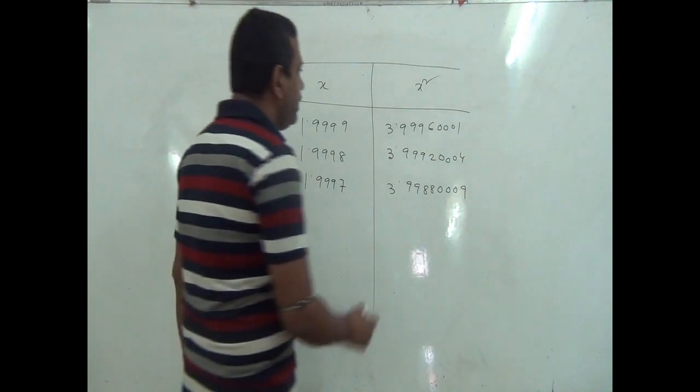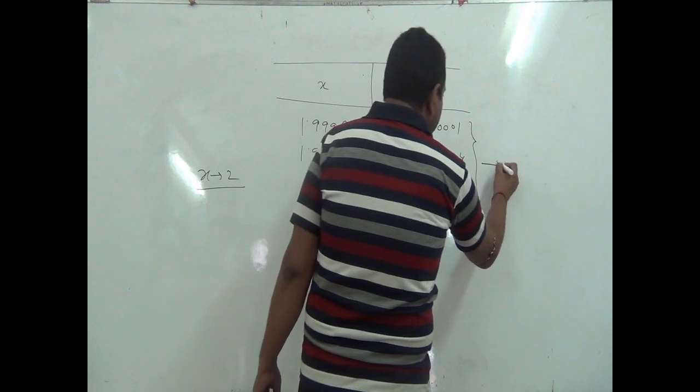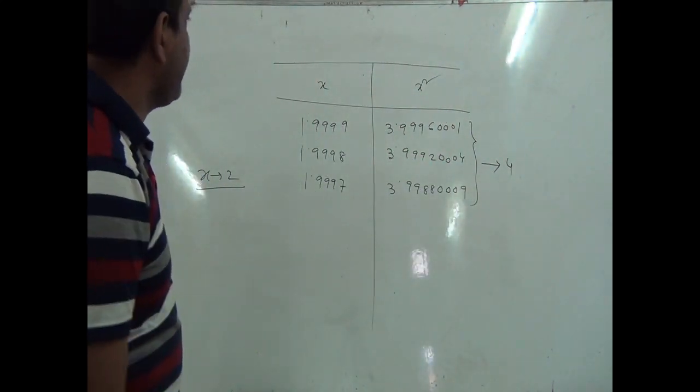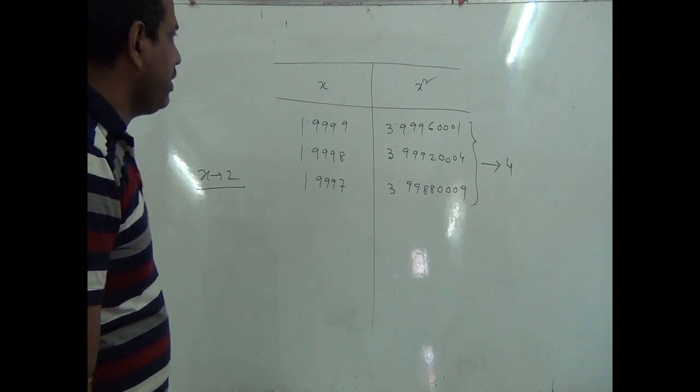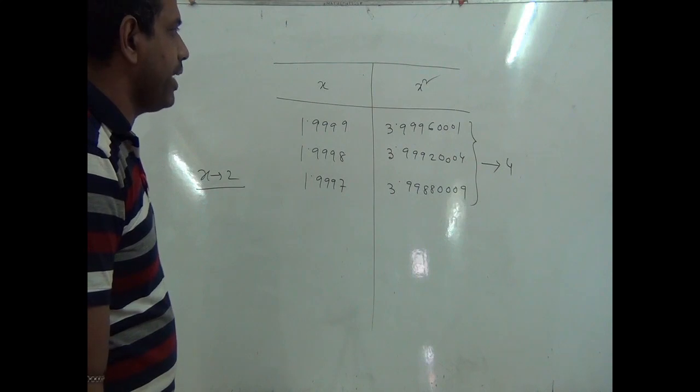Now you see the value of x square tends to 4. So when x tends to less than 2, our x square tends to 4.